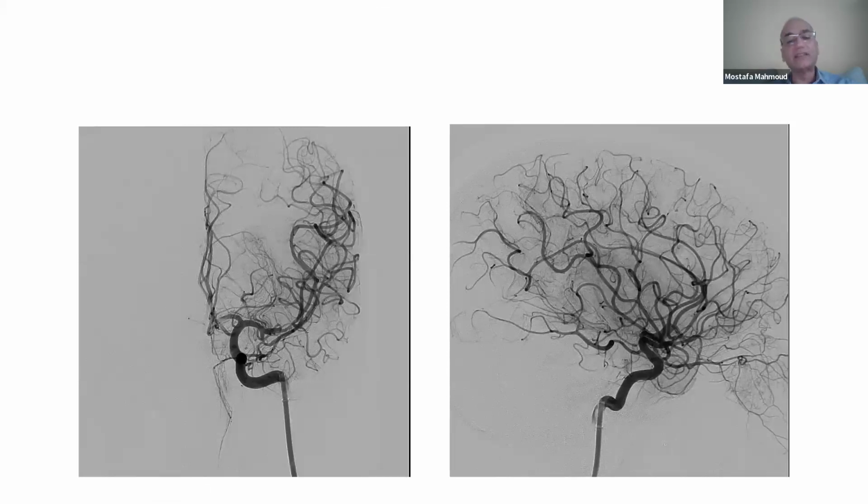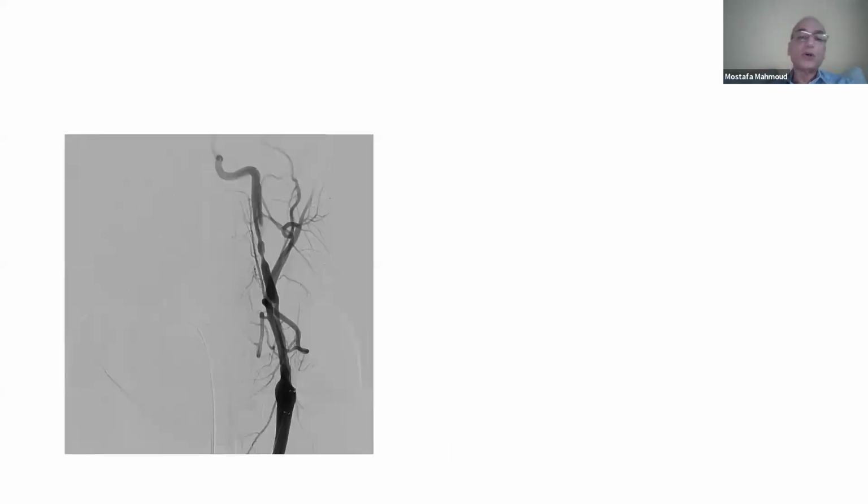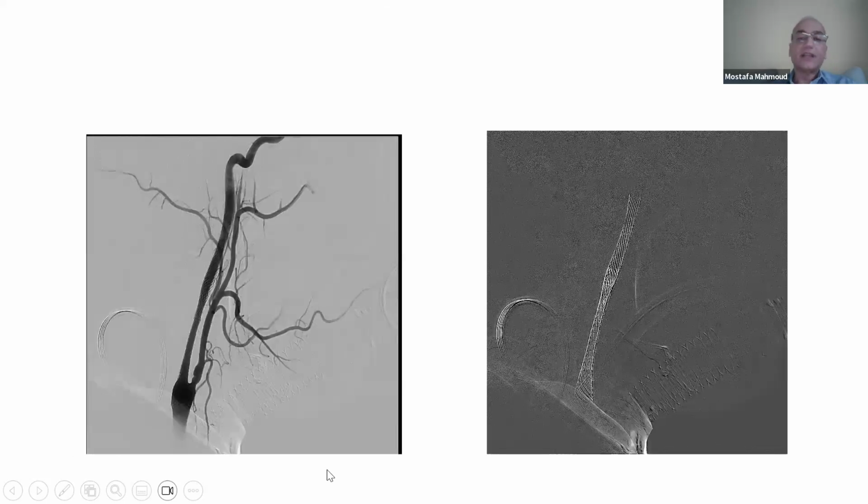We have to stent. So we stented the whole segment from here to there, because all this segment is dissected. And as you can see, 3 stents were deployed in a telescopic fashion to regain full flow in the ICA.